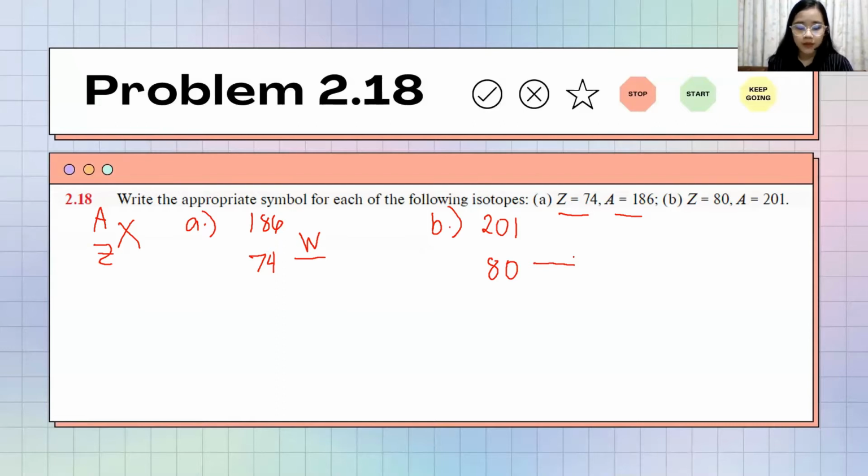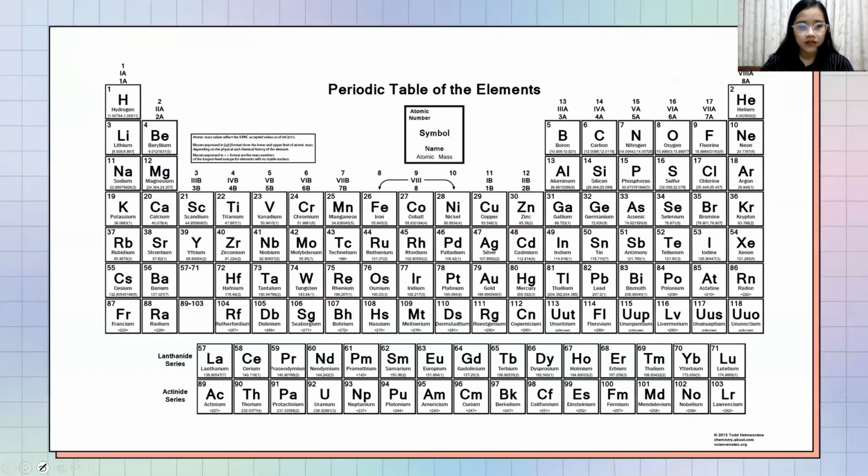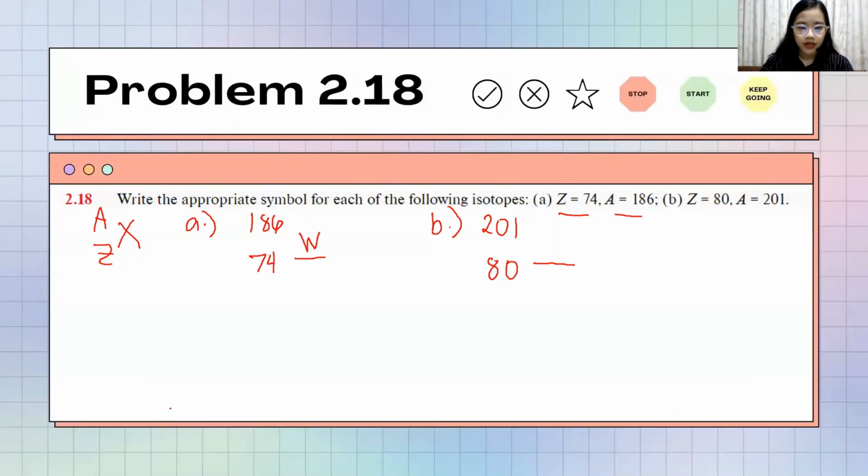For the atomic symbol, just take a look at the periodic table and find the atomic number 80. The element is mercury. So we write the symbol Hg. So this is the appropriate way of writing isotopes.